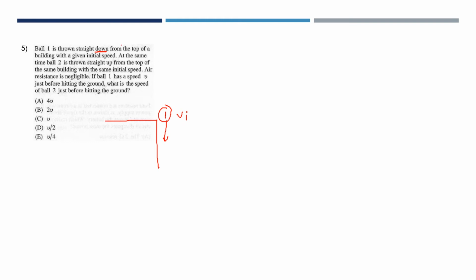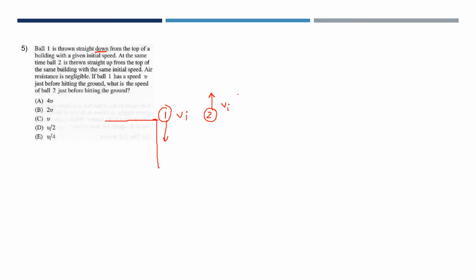Let's call it V initial. At the same time, ball 2 is thrown straight up at the same height and at the same time with the same initial speed, which is Vi. The air resistance is negligible.